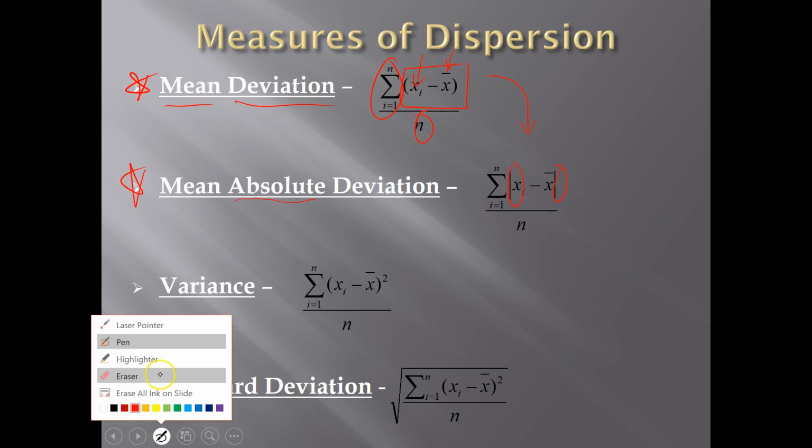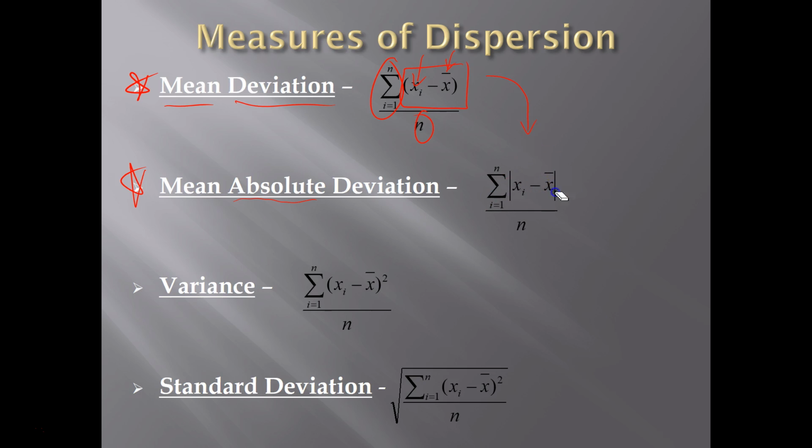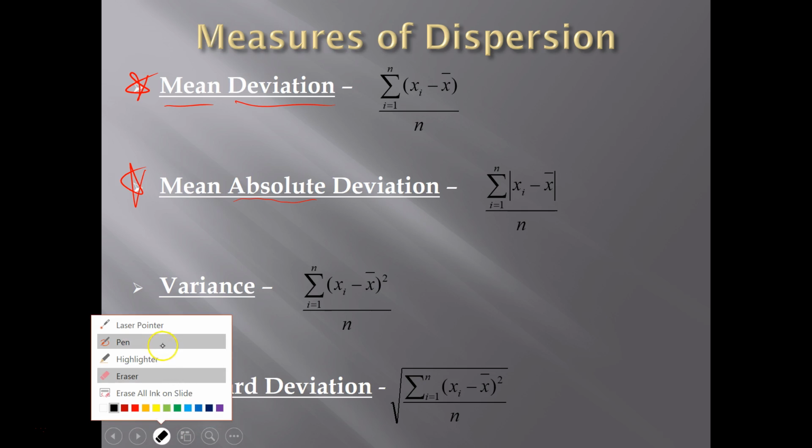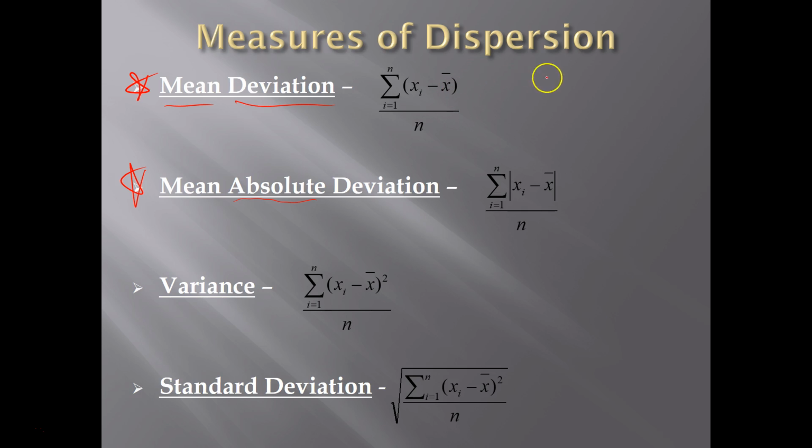I'm going to go ahead and erase those so they're not getting in your way when you're writing your notes. Look at these two formulas. They look identical with the exception that parentheses have been replaced with absolute value brackets. So where before you could get positives or negatives, now you can only get positives. Mean absolute deviation should always be positive.